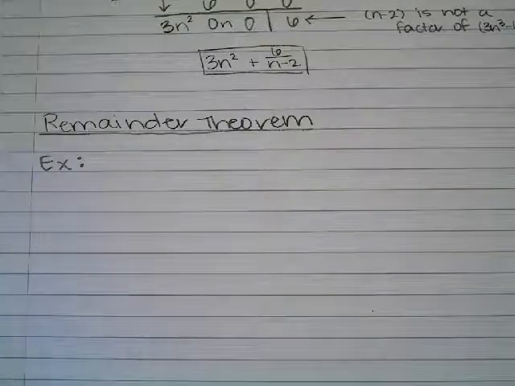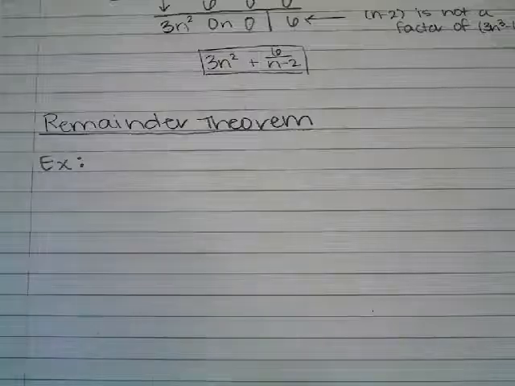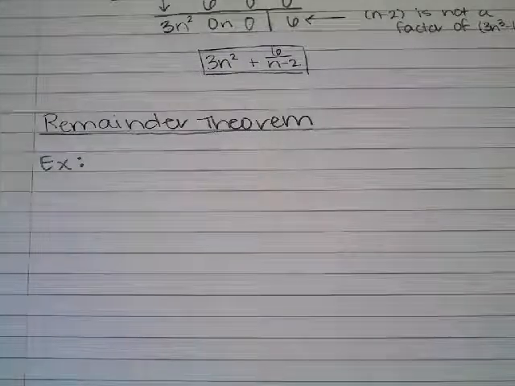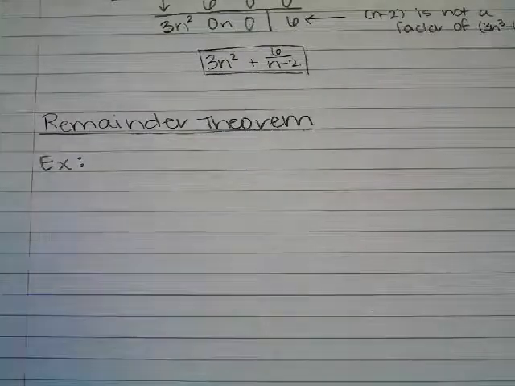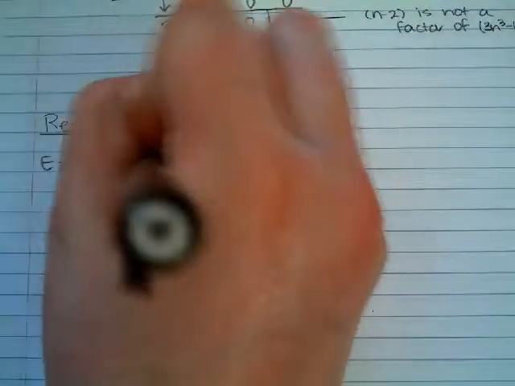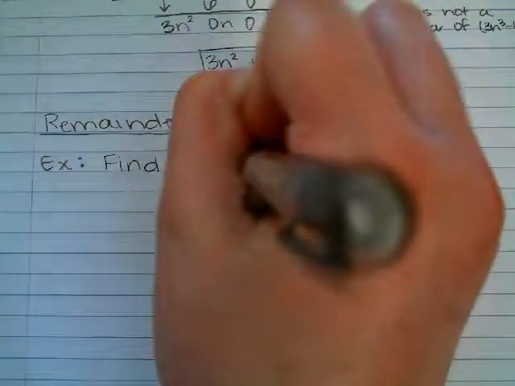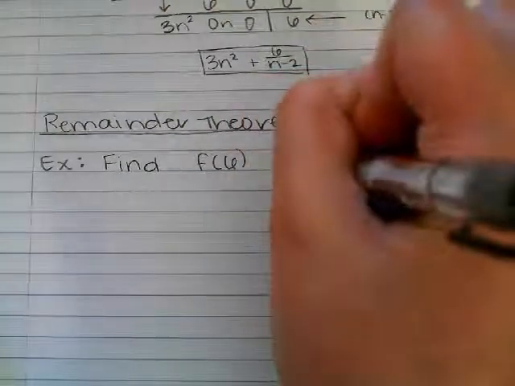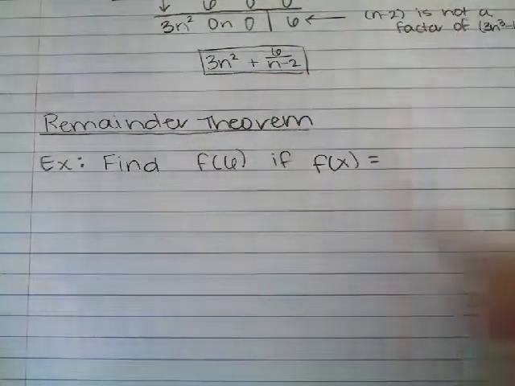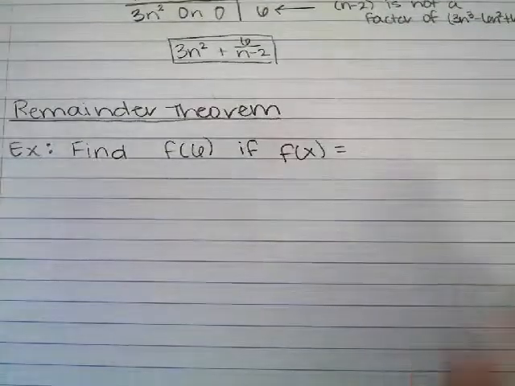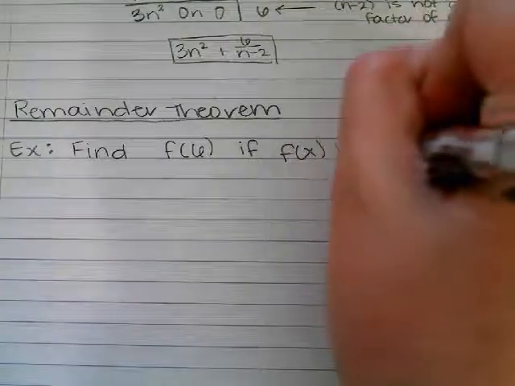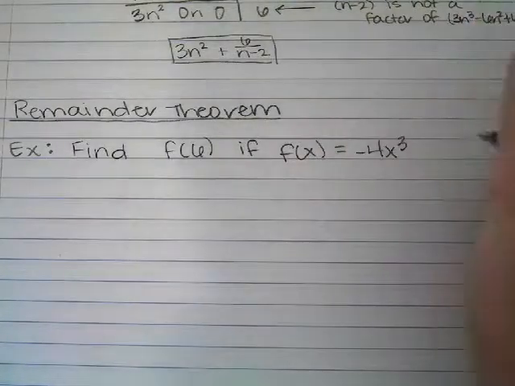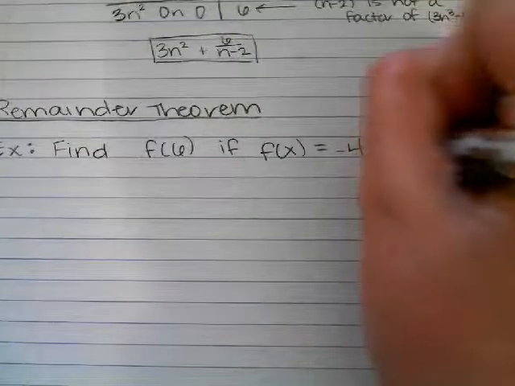All right. So we're going to find f of 6 if f of x is negative 4x to the third plus 29x squared minus 28x minus 8.